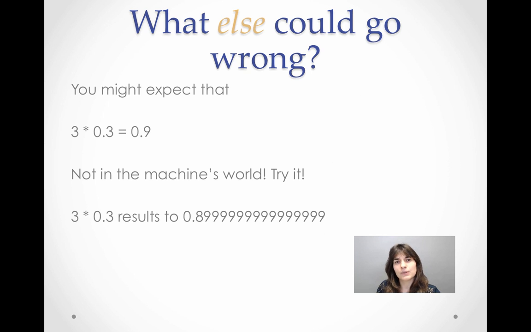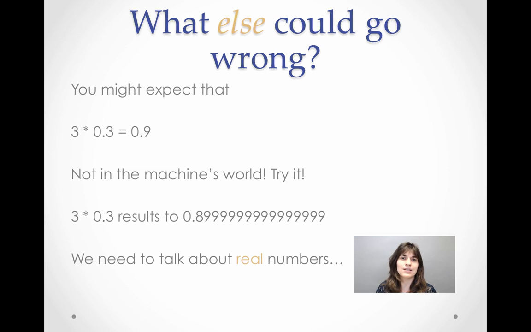The result that you will get is something similar to what you see on your screen, so very close to 0.9, but not exactly 0.9. The reason for that lies in how real numbers are represented in the machine. We have already mentioned the binary system and how we represent integers. We haven't talked yet about real numbers. This is something that we will do in a later video, but we will not go into as much detail as we have gone with the representation of integers.